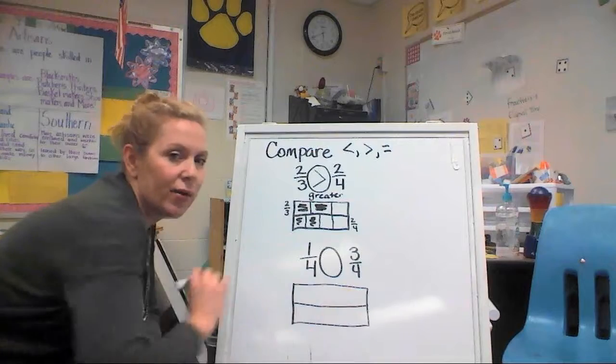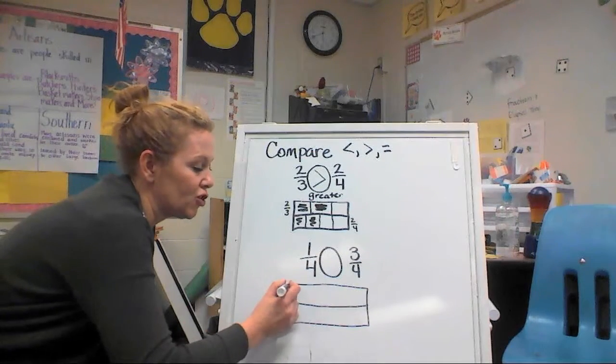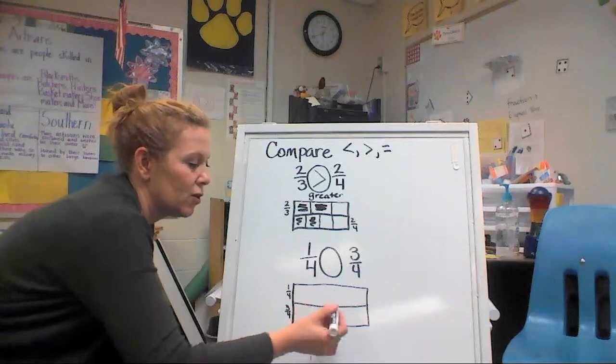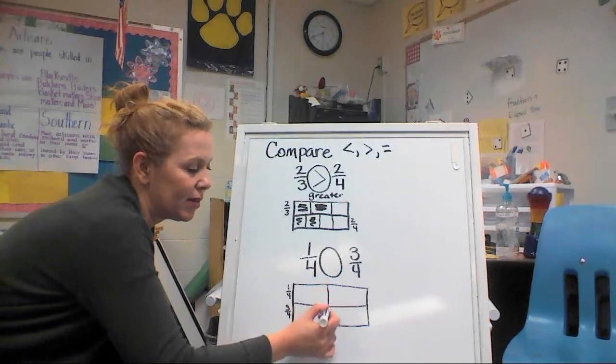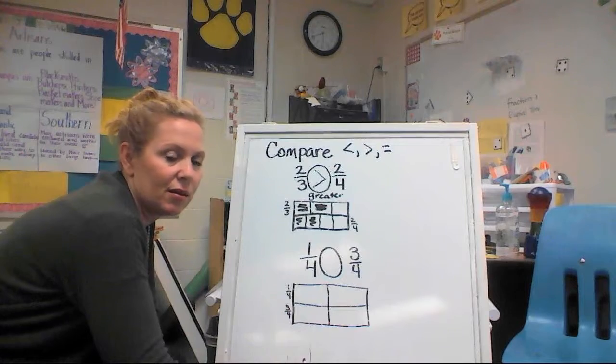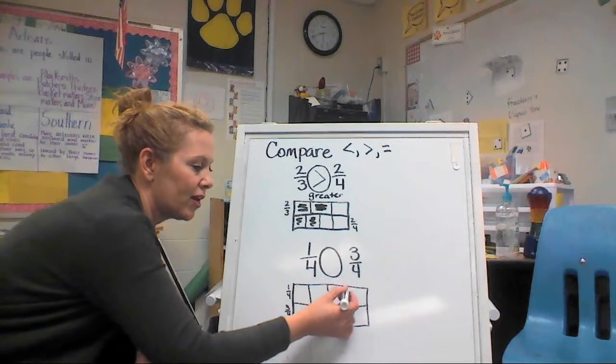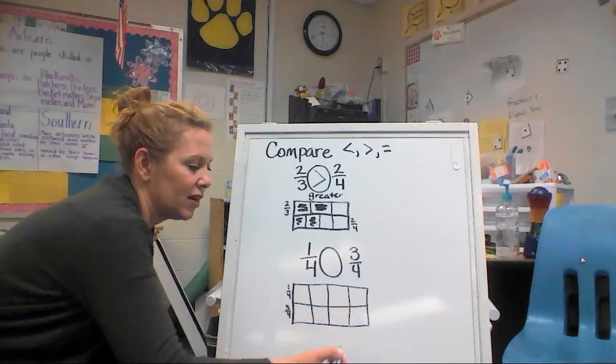I always like to do it like that. That way I'm making sure that my wholes are the exact same. So fourths, I always like to make my division in half. And then that way I can divide my halves in half again.